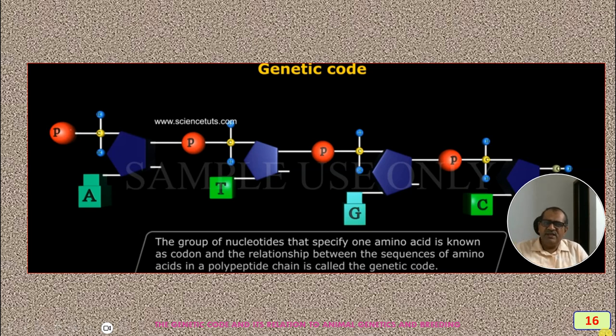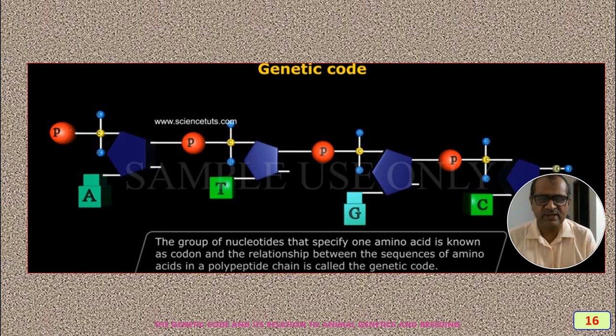So here you can see that the genetic code is a group of nucleotides that specify one amino acid and is known as a codon, and the relationship between the sequence of amino acids in a polypeptide chain is also called the genetic code. It is a group of nucleotides which code especially the polypeptides.